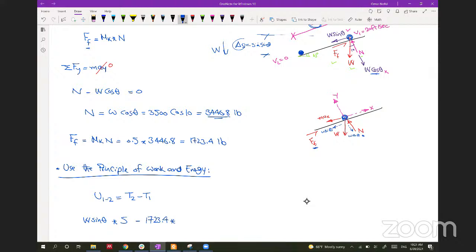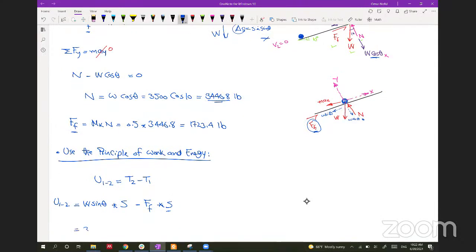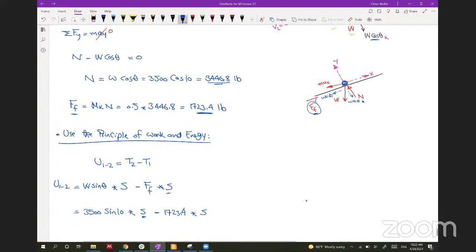So U12 will be F of friction multiplied by S, because we know F of friction is in the opposite direction and it has full force, not a component, because it's parallel to the path, and then we multiply it by S. So the value of this: we have 3,500 pounds multiplied by sine 10 multiplied by S, which we don't know, minus the F of friction, which is 1723.4 multiplied by S, which we also don't know.